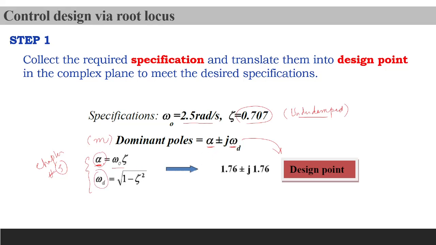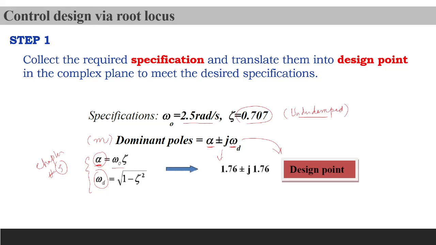And once you find this value, you can substitute it in such a way which would be your design point. So now your design point will represent the specification given to you, right? So if you say specification or you say design point, they actually mean the same, right? But your design point would be a representation of your specification on your S-plane. To be accurate, you can say that.